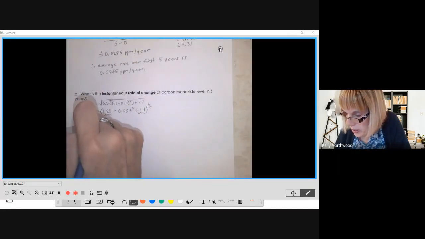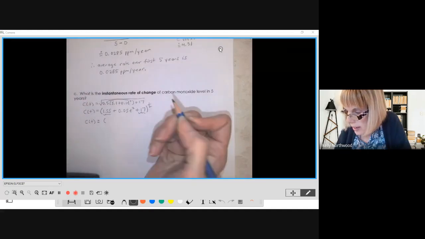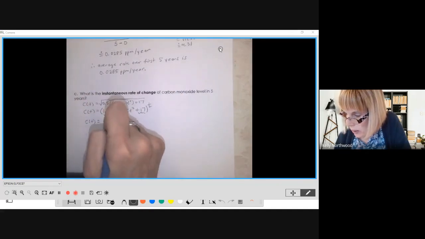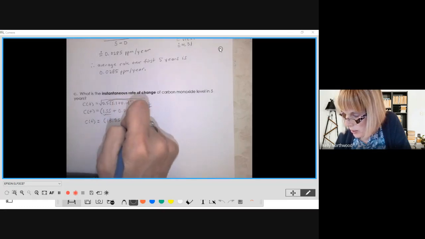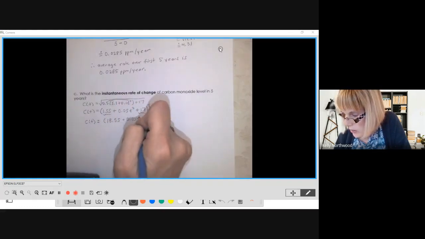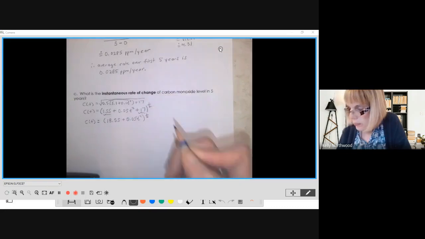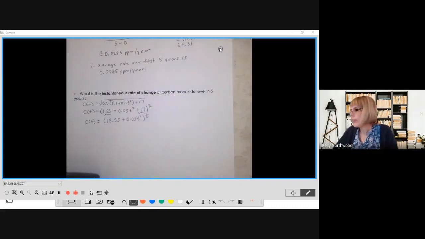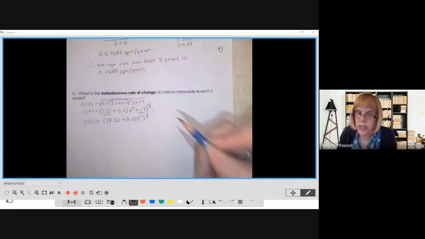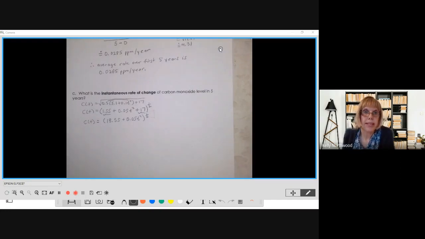So I can rewrite this as 18.55 plus 0.05 t squared, all to the 1/2. I just made it as easy as possible on myself for when I find the derivative. It took 2 steps to rewrite it, and now I'm going to find the derivative.